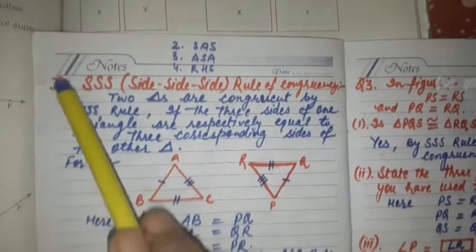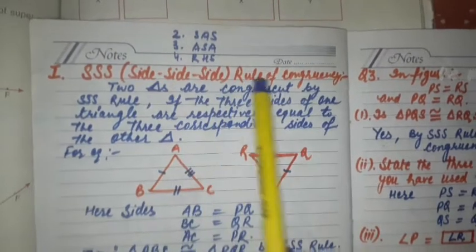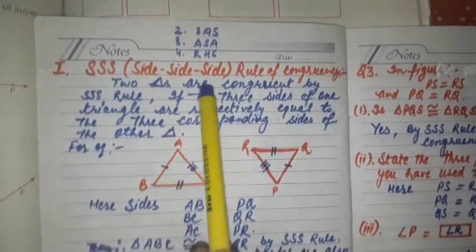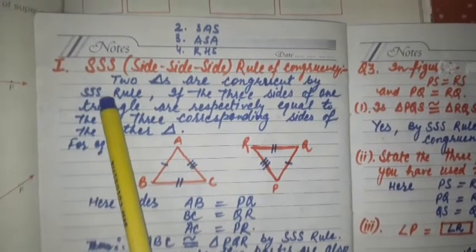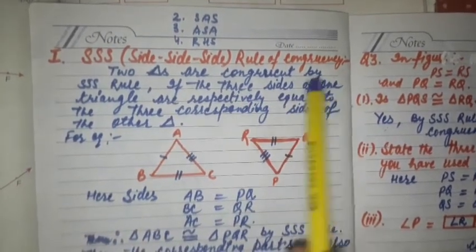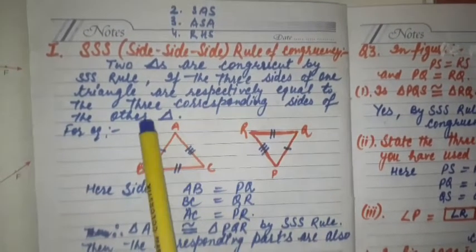But the first rule is the SSS rule, meaning the side side side rule of congruency. Two triangles are congruent by the SSS rule if the three sides of one triangle are respectively equal to the three corresponding sides of the other triangle.